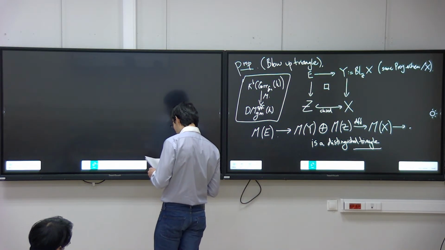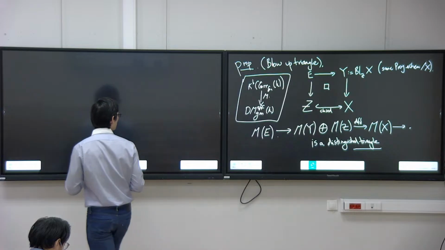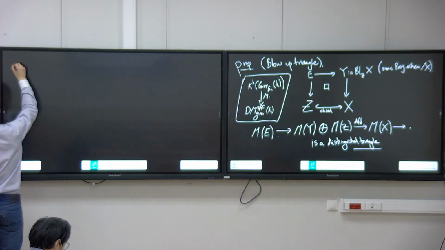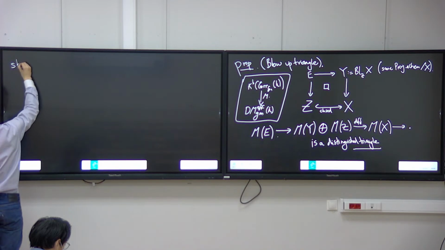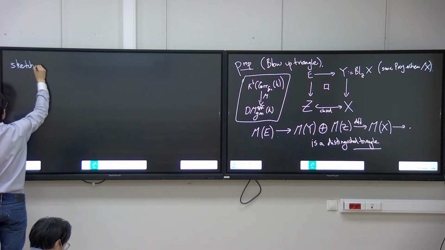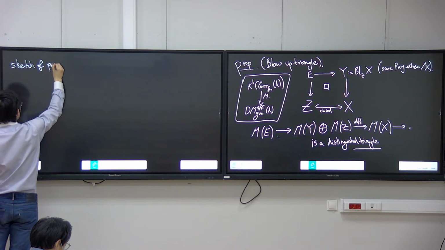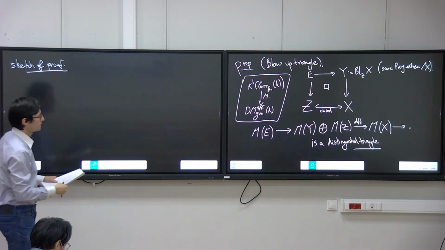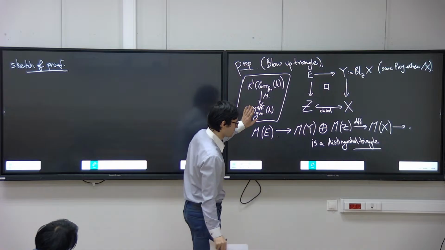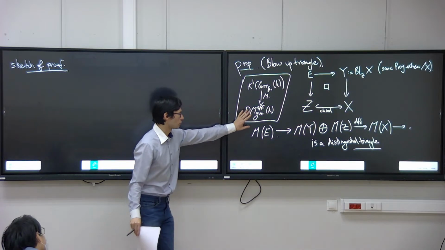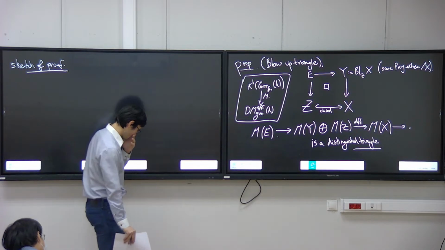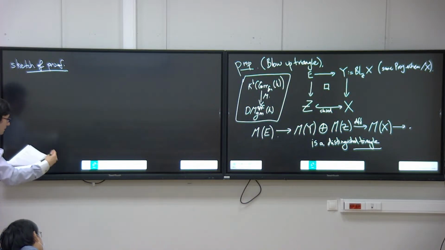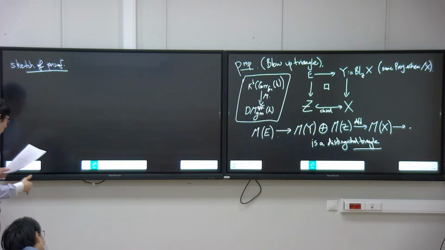Okay, so in this case, we actually will use the embedding theorem. I will give a sketch of proof. This is a statement purely in the geometric setup, for geometric motives. So I will use the embedding theorem to transfer everything to sheaves, so I can apply sheaf cohomology.